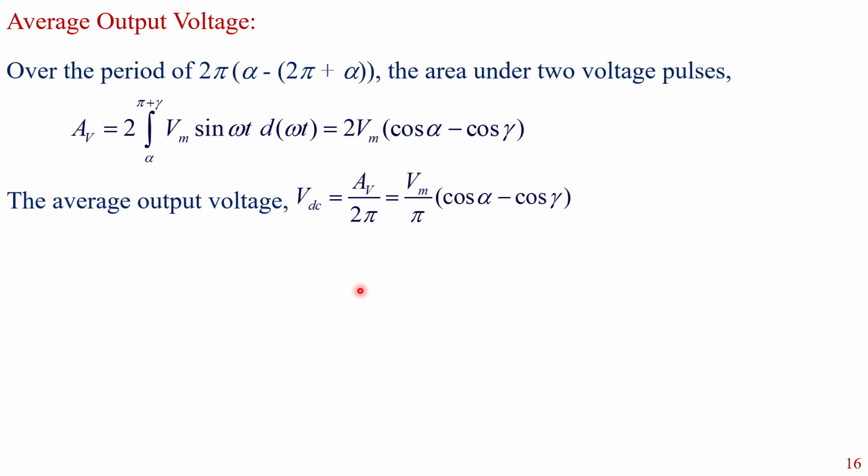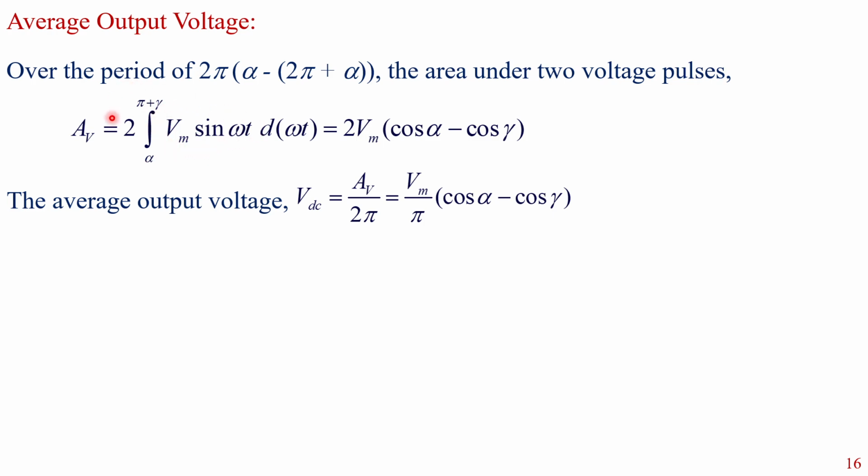Coming to the average output voltage, T1, T2 conduct during the period alpha to pi plus gamma. So the limits for the integral are alpha to pi plus gamma, and the voltage pulse is varying as Vm sin omega t.